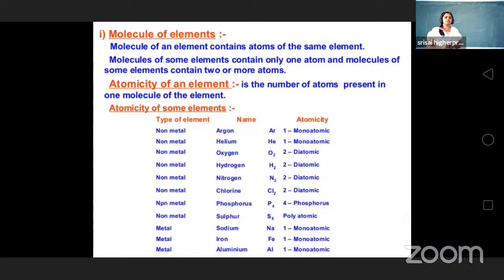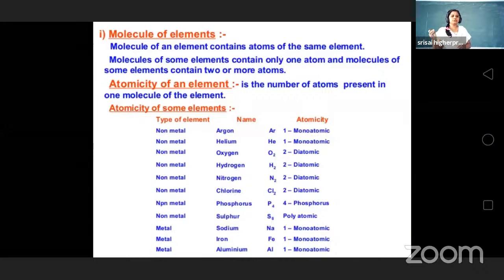Some examples of metals are iron, gold, silver, zinc. And non-metals are oxygen, hydrogen, nitrogen, chlorine, sulfur, phosphorus. These are the non-metals.